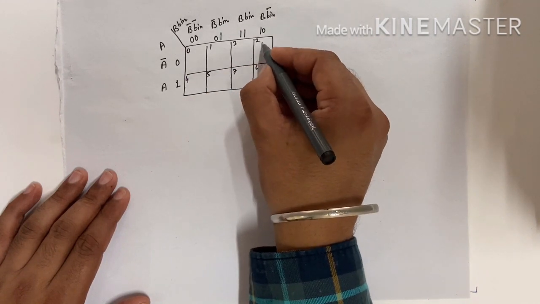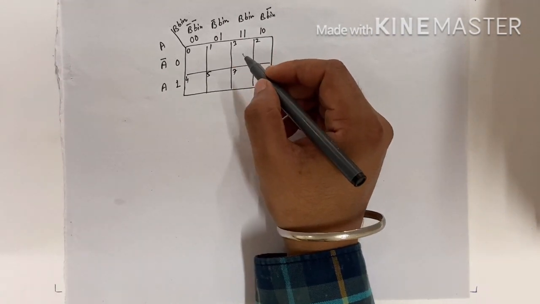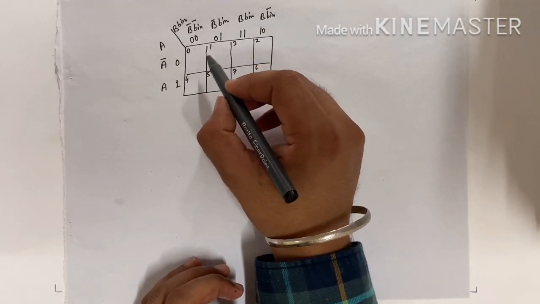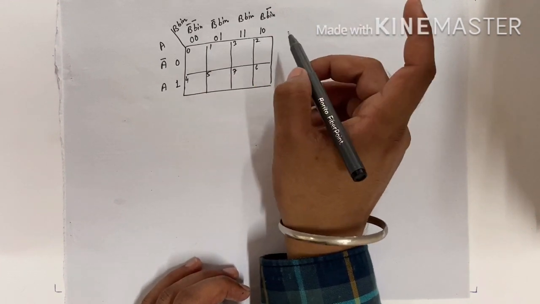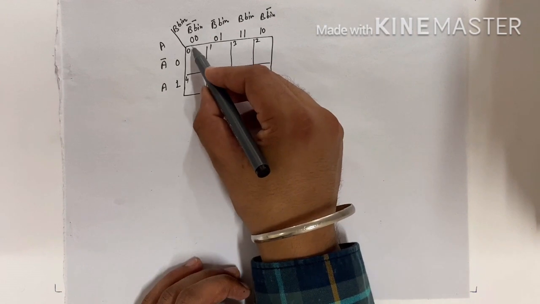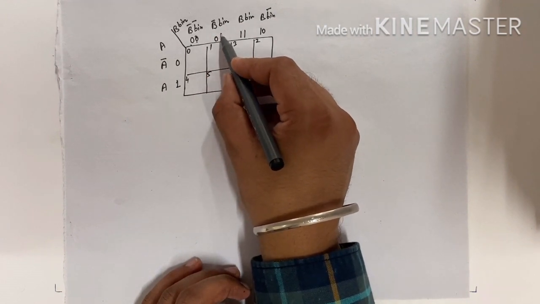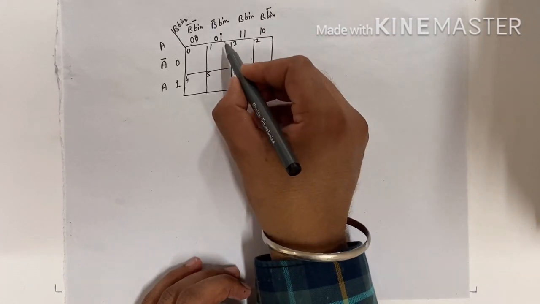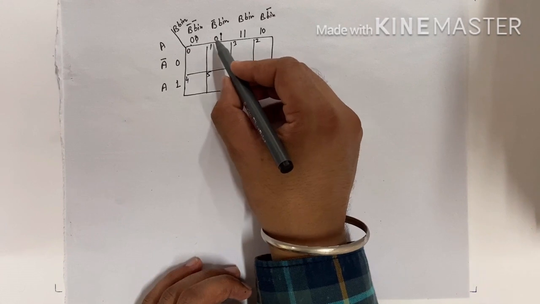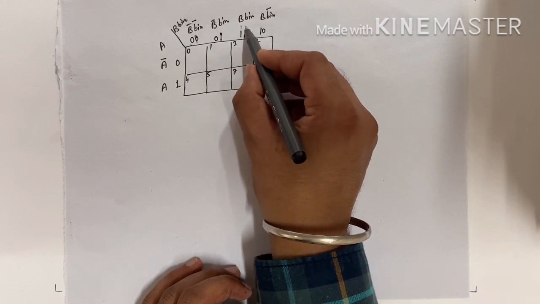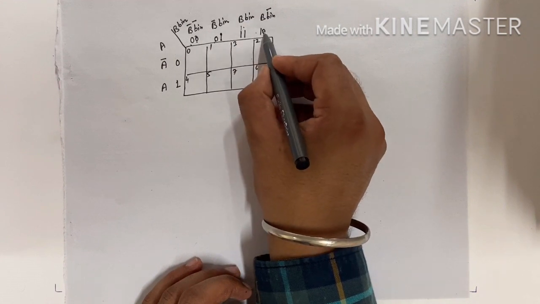You should know the concept of the cell numbering, because in the K-map, if we go from one cell to another cell, only one bit changes. So from 00 to 01, 0 is converted to 1, so 1 bit is changed, it is okay. Now if we put 01 and then 10 here, 0 is converted to 1, 1 bit changes, and 1 is converted to 0, so 2 bits are changed.